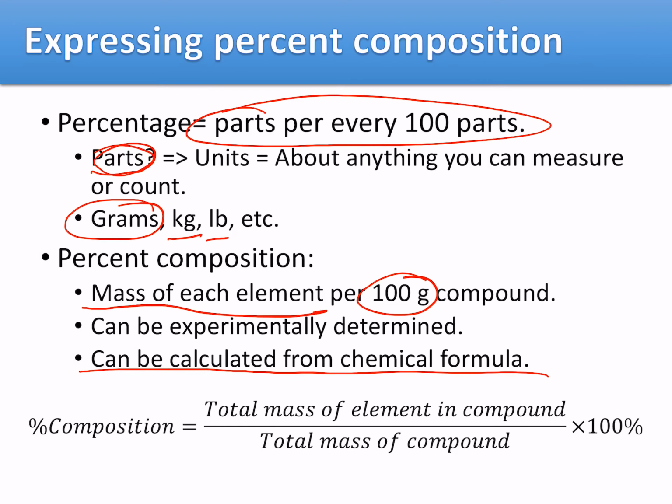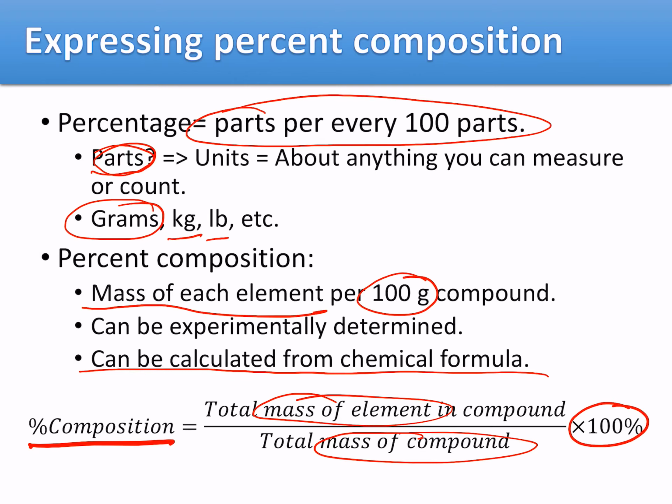Either way, the percent composition is the mass of the element divided by the mass of the compound, and if you're expressing that as a percentage, you multiply by 100.